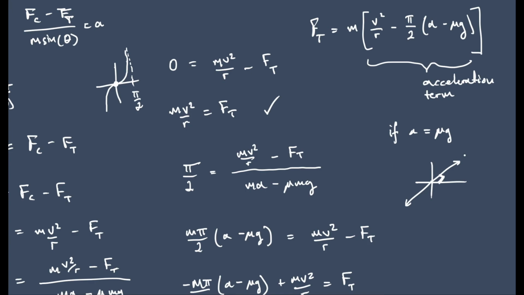It's going to be pulled inwards. There's going to be no angle of precession, and therefore this term is going to be undefined. So this right here will give you, if you get a question that asks what the acceleration has to be in order for this angle to be 90 degrees, you get this. This is it right here.